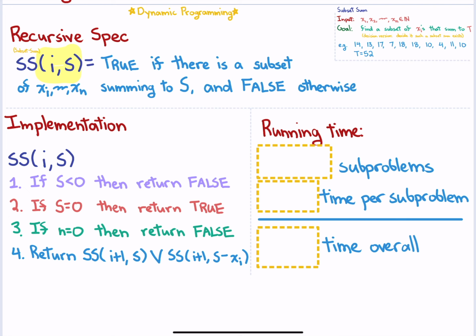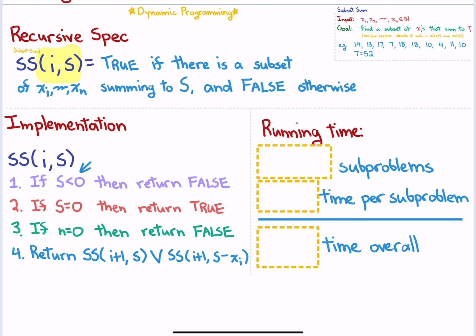This way my table just has an index for i, as opposed to an index for all the weird subsets. Otherwise this is the exact same code as before. I added one more base case compared to what you had: if s is less than 0, I immediately return false because all the numbers are positive.